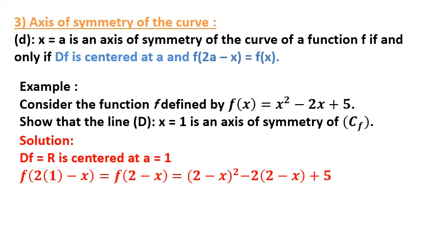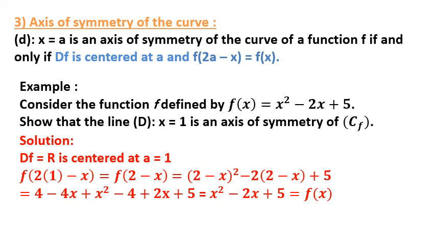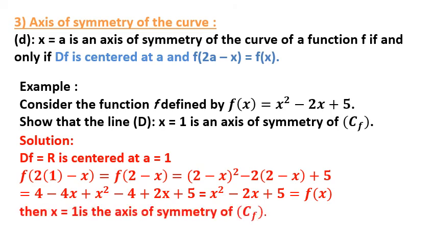Since f is a polynomial, its domain is R, which is centered at a = 1. Second step, we find f(2a - x) = f(2 - x). Substitute x by 2 - x. Then we see that f(2 - x) = f(x), and hence x = 1 is the axis of symmetry of the curve.